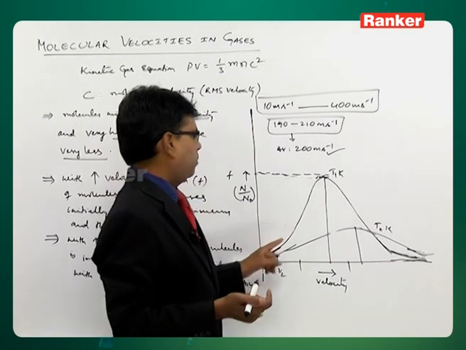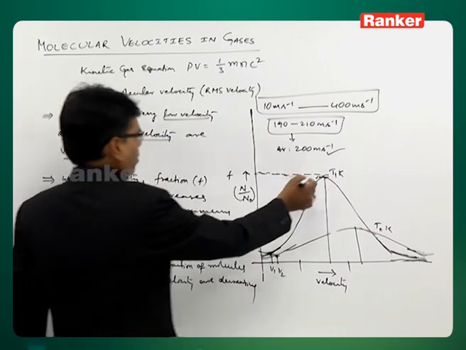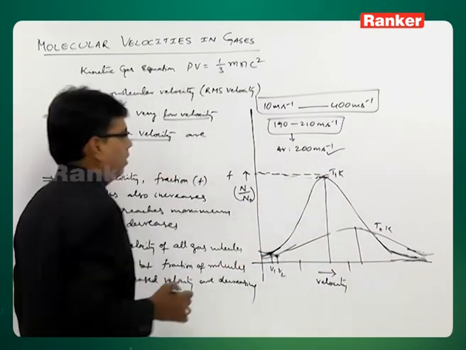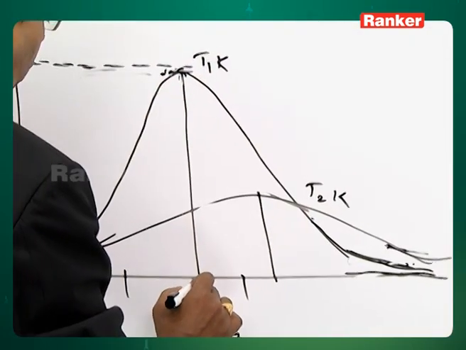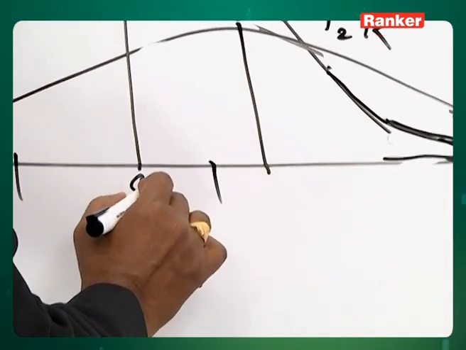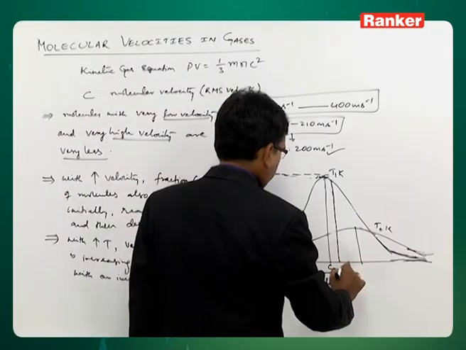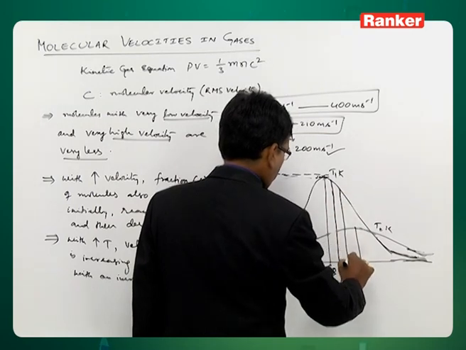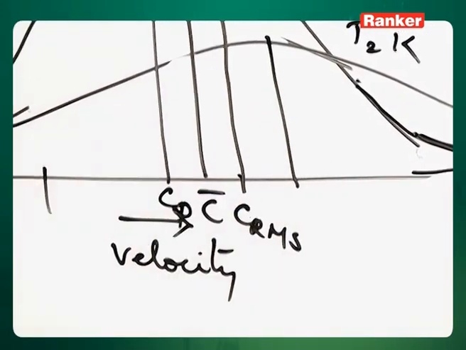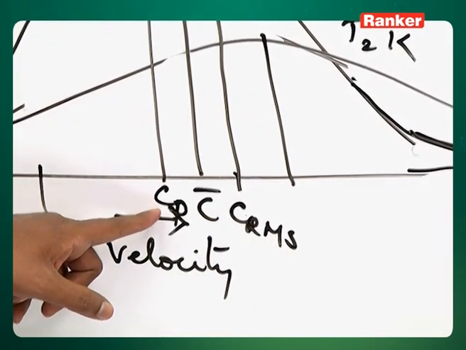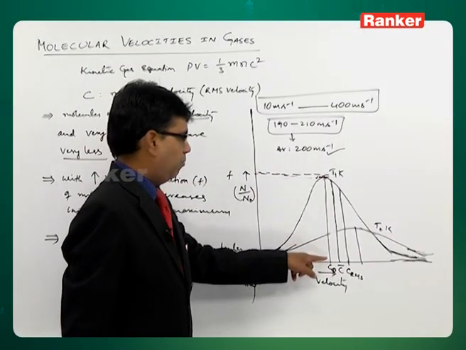Then another proposal that is made is the velocity possessed by the maximum fraction, which we call the most probable velocity, Cp. This is C bar, and this is CRMS. Cp is the most probable velocity, the velocity possessed by the maximum fraction of molecules.